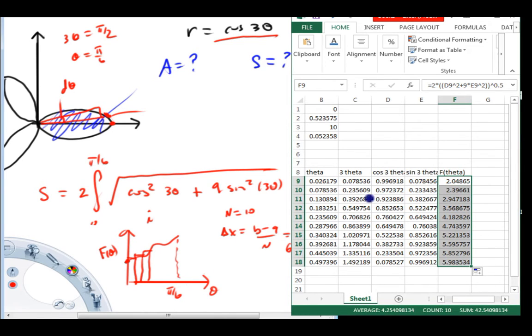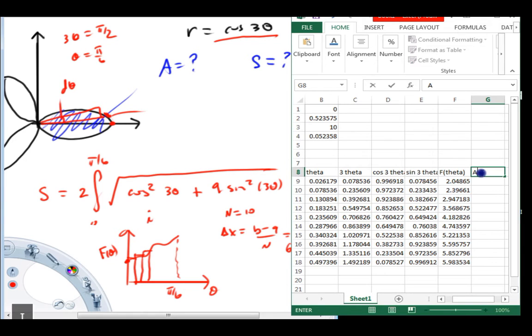Now, in an area calculation, you have to take that function and multiply by our delta x, because remember, what I've done here is that we're working an area problem now, so I still need to multiply that by the delta x. I'm just going to put a sub i for the area of the ith rectangle, equal to this guy times delta x, which anything you refer to up here has to be double dollared.